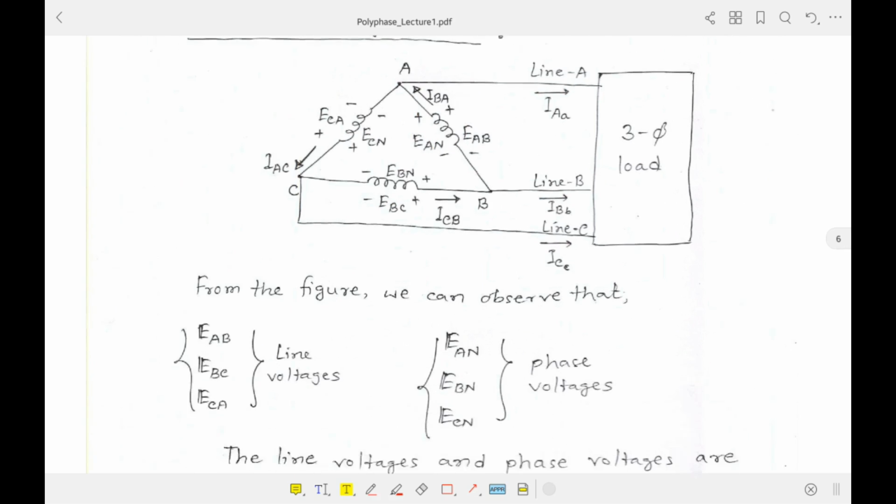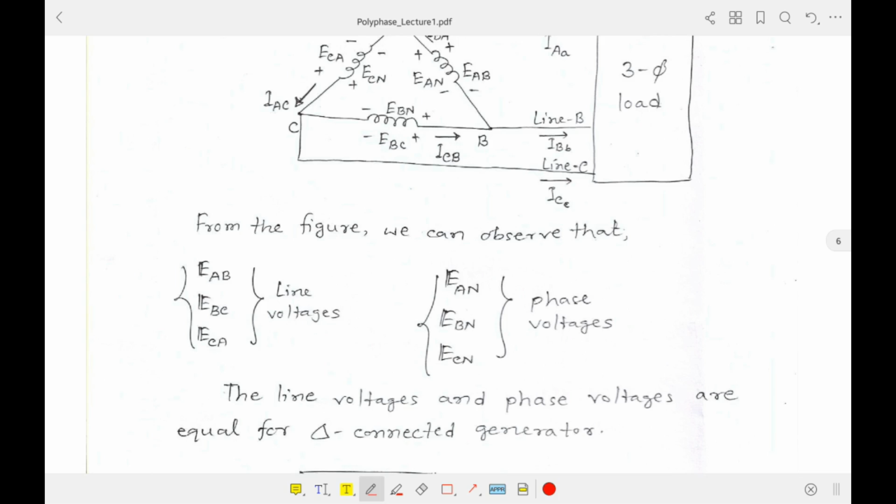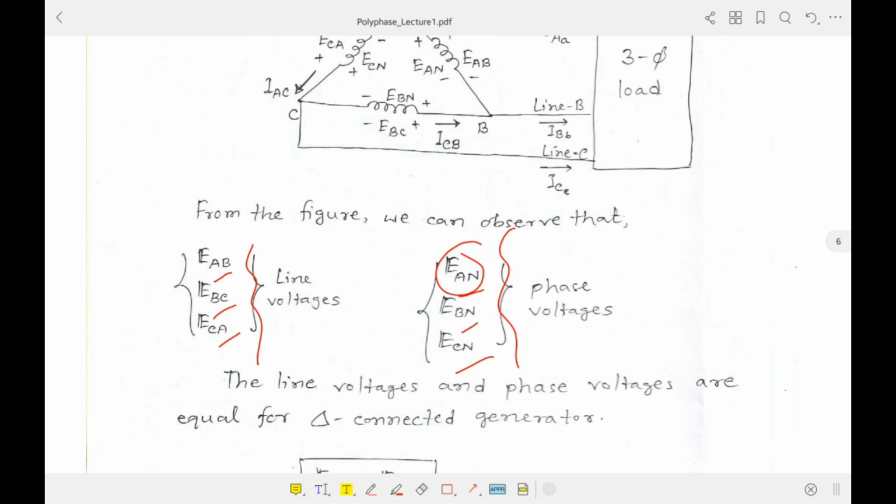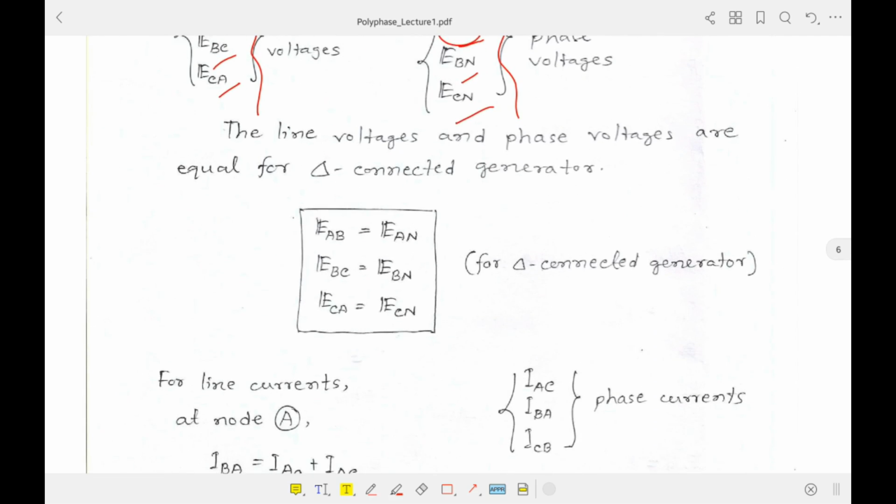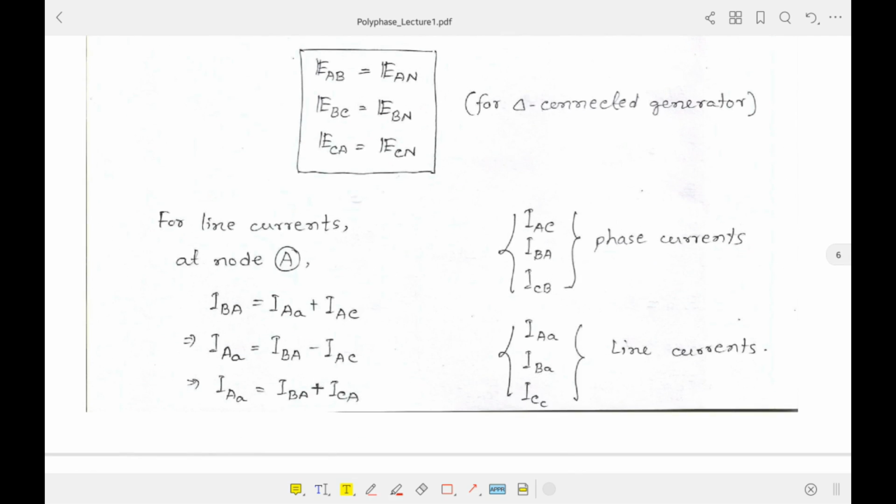So again we can say these are the phase voltages, and also these are the line voltages. For line we generally write it AB, BC, CA, but for phase we can write it AN, BN, CN. Although there is no neutral point, to demonstrate the phase component we can write it. Now if we want to derive the expression for current, again the voltages are equal for both line and phase.